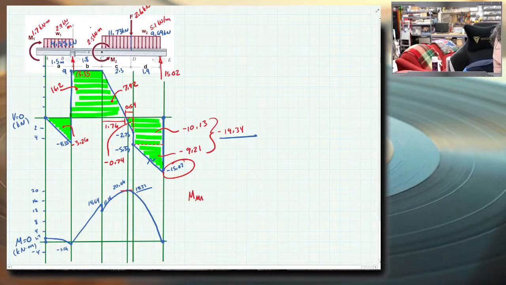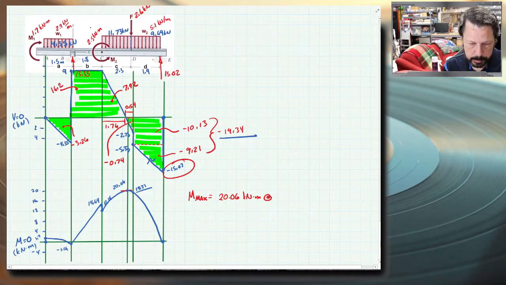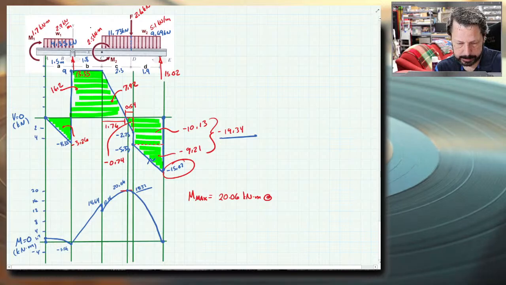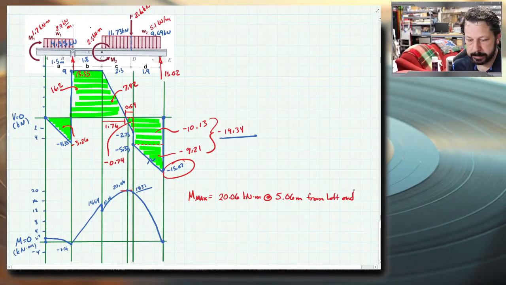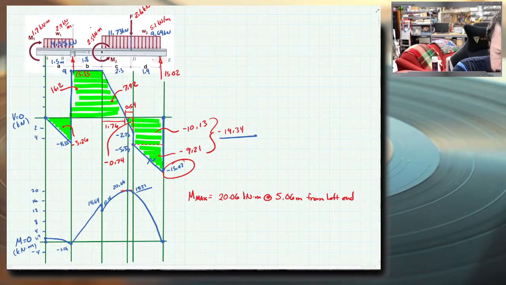M max is equal to 20.06 kilonewton meters at, let's see, 1.5 plus 1.8 plus 1.76, 5.06 meters from left end. So that's where we would find the maximum bending moment.